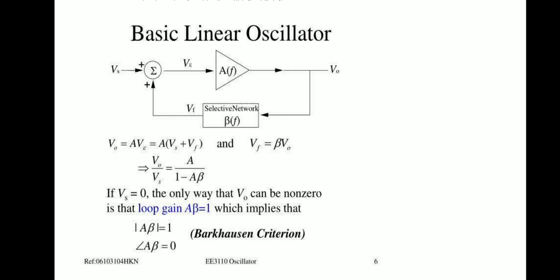Here we can see Barkhausen's criteria: if the input voltage Vs is equal to 0, the only way that Vout can be non-zero is that the loop gain A beta is equal to 1, and the phase shift around the loop, that is the angle of A beta, is equal to 0.